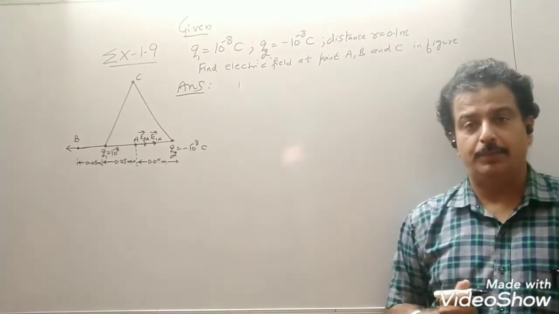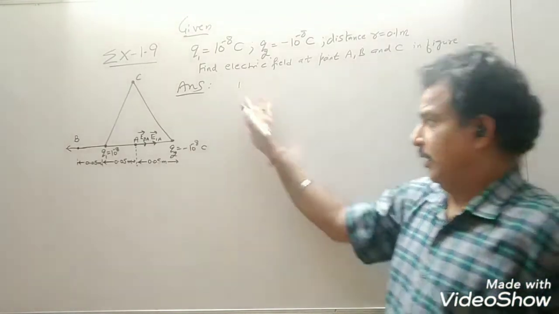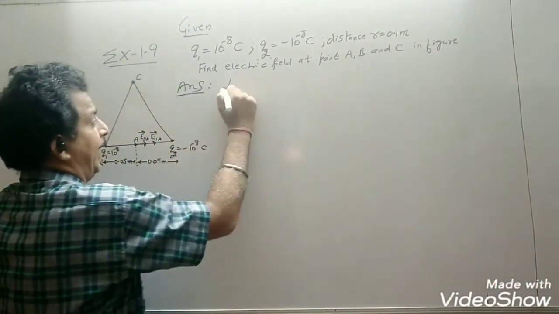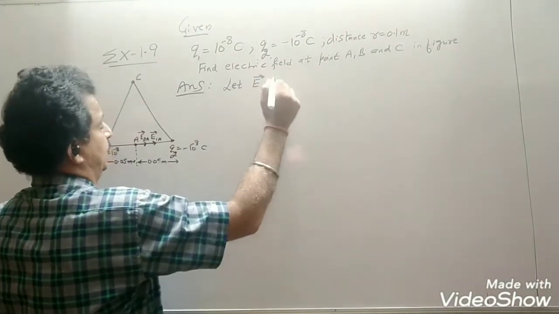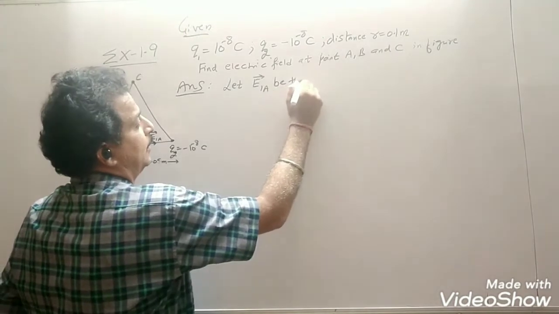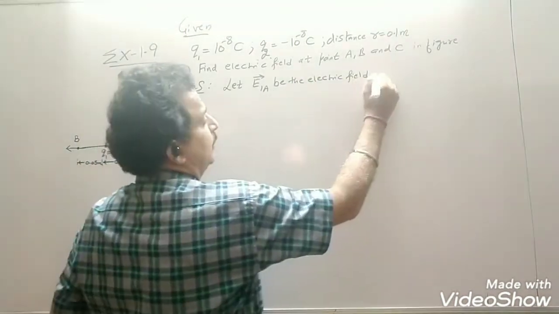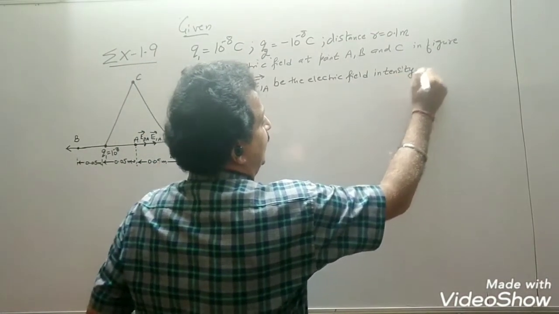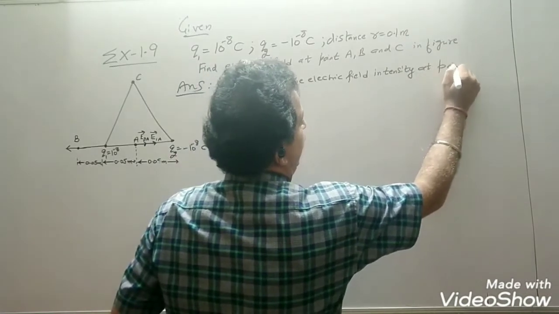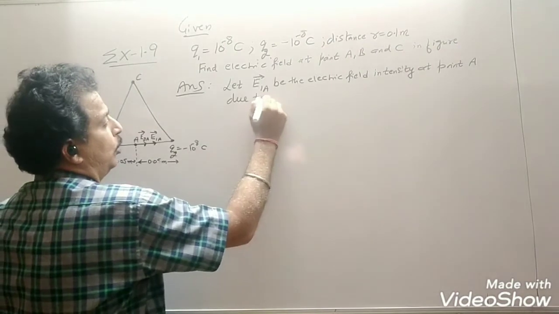Now the first step is to find out the magnitude. In terms of theory, let E1A vector be the electric field intensity at point A due to Q1.